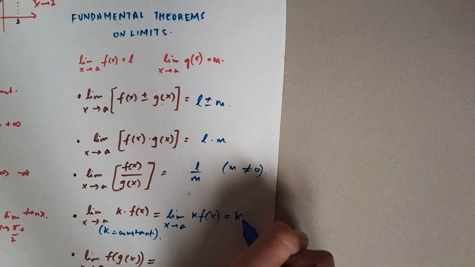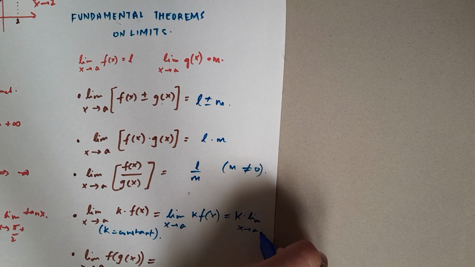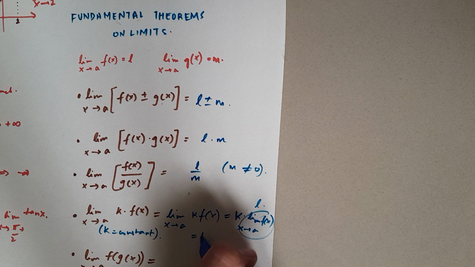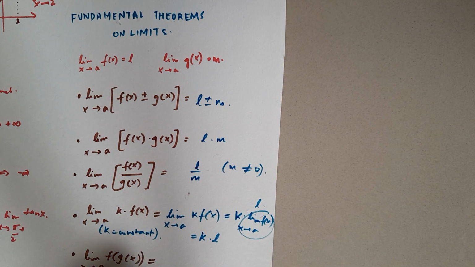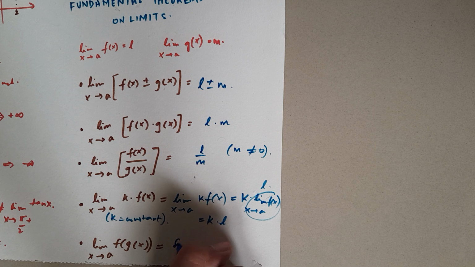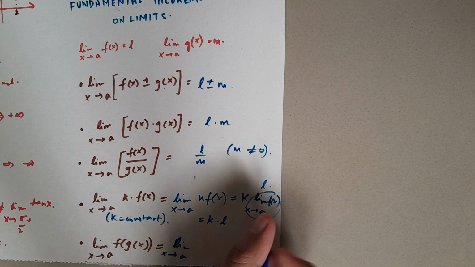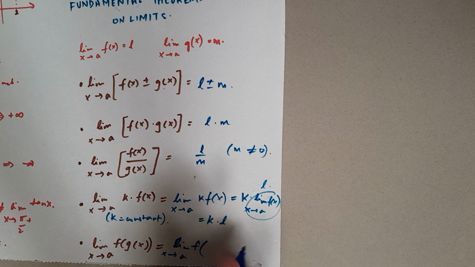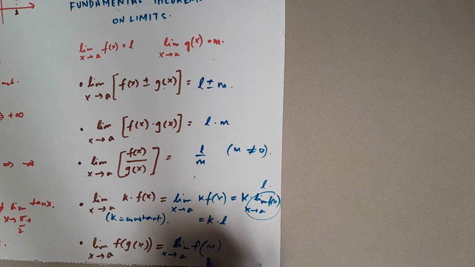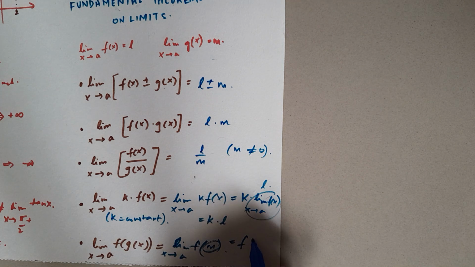You can take the constant out, so that's k times the limit as x approaches a of f of x, and this we already know is L, so it's k times L. And the limit as x approaches a of f of g of x is f of the limit as x approaches a of g of x, which is m. And considering that f is defined when x equals m, we can just write it as f of m.